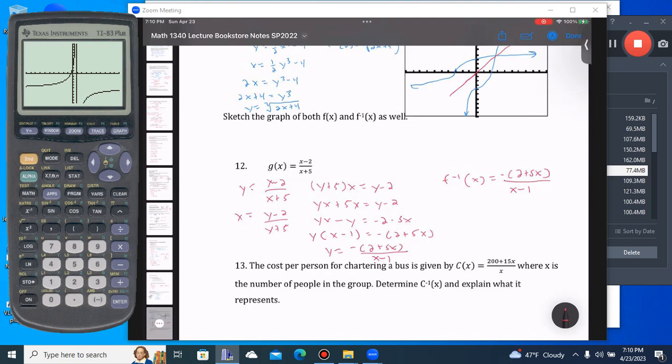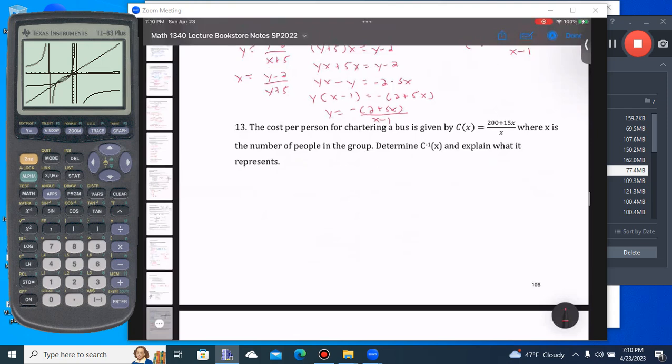So this part mirrors the part that was over here. So let's turn them both on now that we saw them separate. So this part on the left mirrors this part on the right. And this part here mirrors this part here. So our y equals x goes right through these 2 points here, going right through the function. Okay, so these are inverses. It's just harder to see because of the way the graphs are.